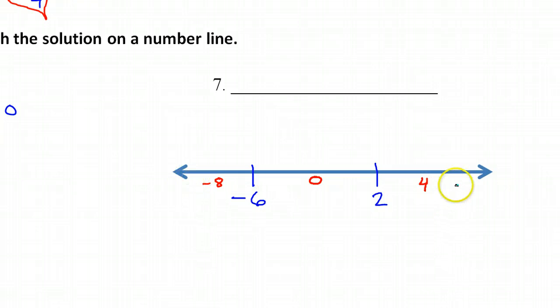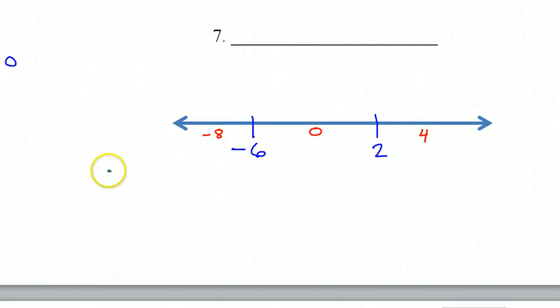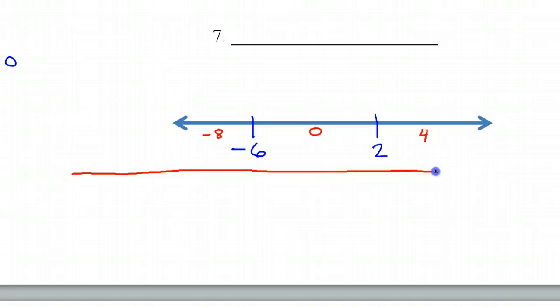So you pick whichever values you want to test, but you're going to need one in each zone. Now, I like to stay organized, so I make a little table for myself.